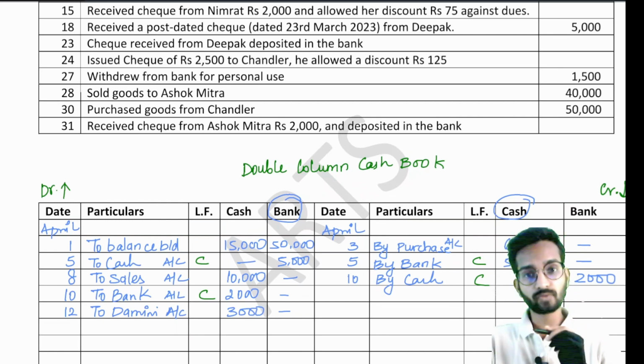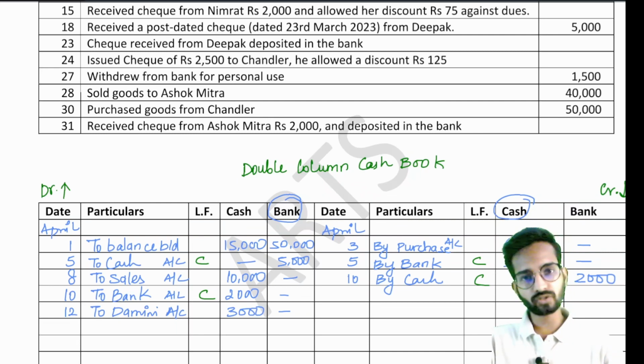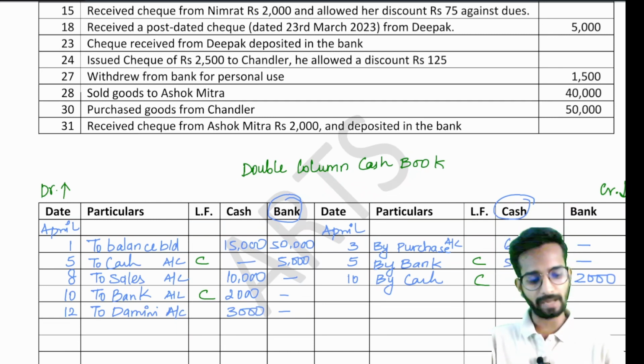Now second school of thought says that because there is no other date given to when we have deposited the check we received from Nimrat, we can assume that whatever check we have received from Nimrat we will deposit on the same day. This assumption has been taken by most of the books and by CBSE also. So we will also take that assumption. Both the thoughts are correct, but because we all are following a particular thought, we can say that we received check from Nimrat and we deposited into the bank account.